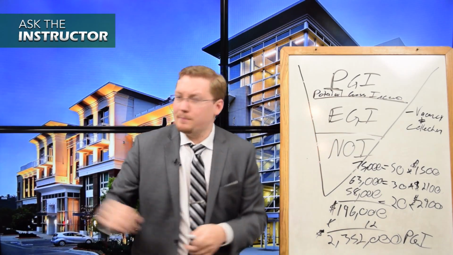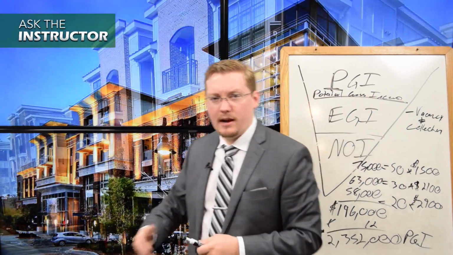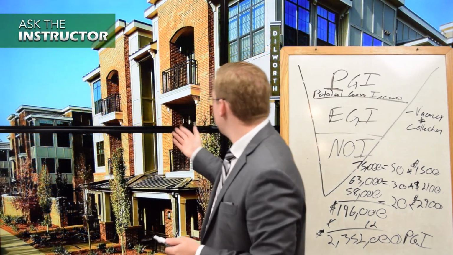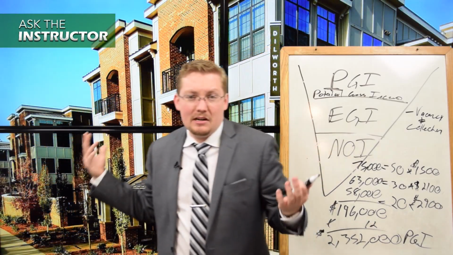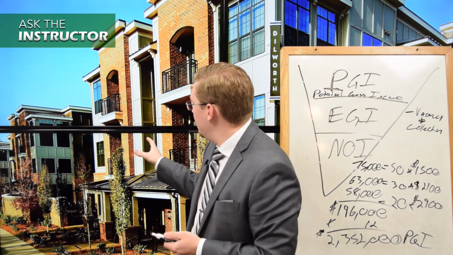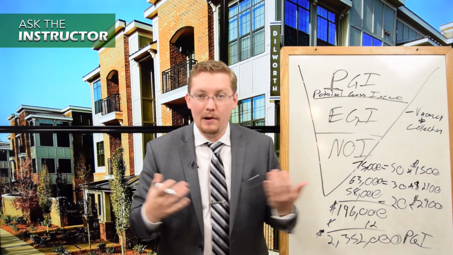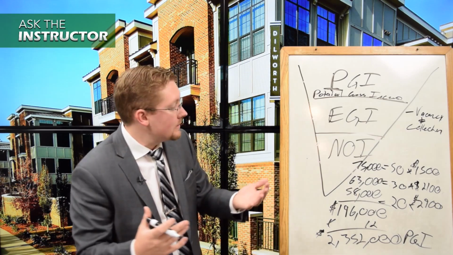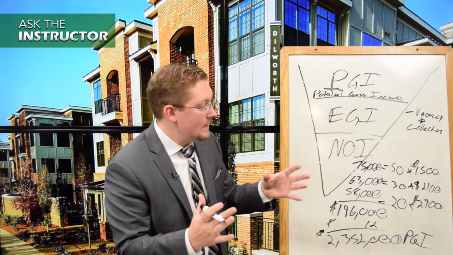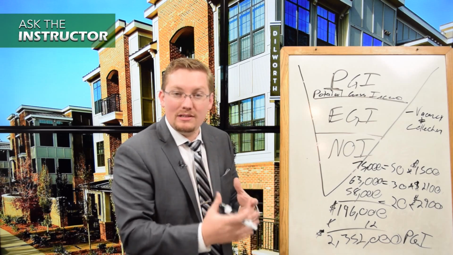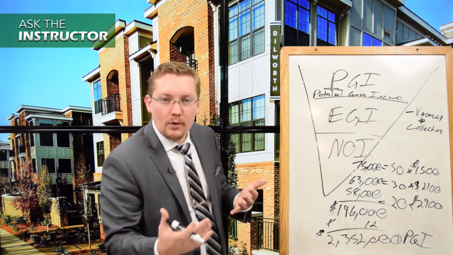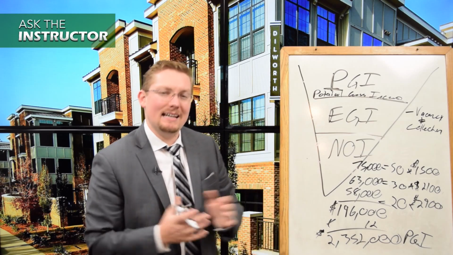This property might be a brand new property. It could be something like this where it's brand new, it looks fantastic, or maybe even this one here. I'm not a fan of brick, but some people like that. So it depends on the particular property. If we have a brand new apartment complex, an apartment development, an apartment tower, whatever it is, that's going to be more in demand than older apartments. So you've got to take that into account as well.